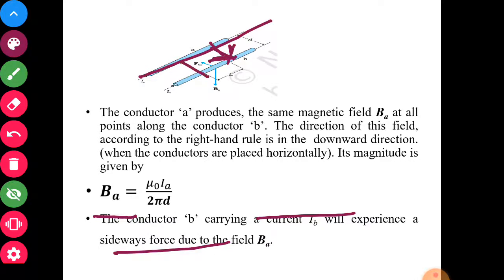Force on B by A is in the opposite direction to the force on A by B. So both forces are equal in magnitude and opposite in direction.